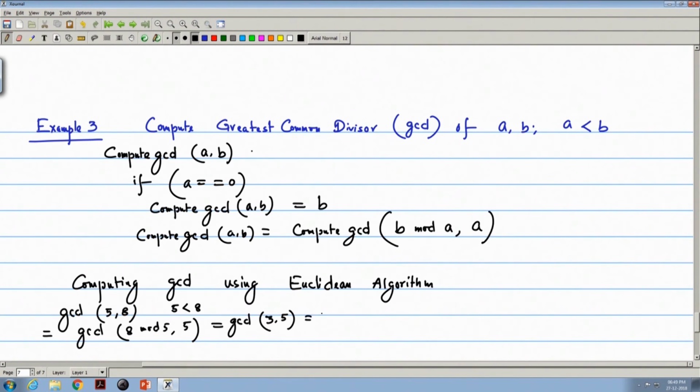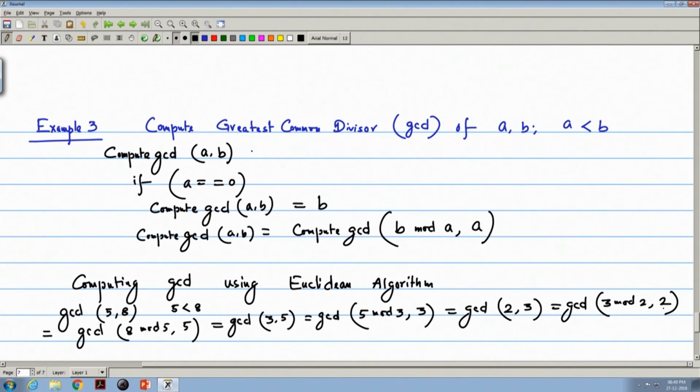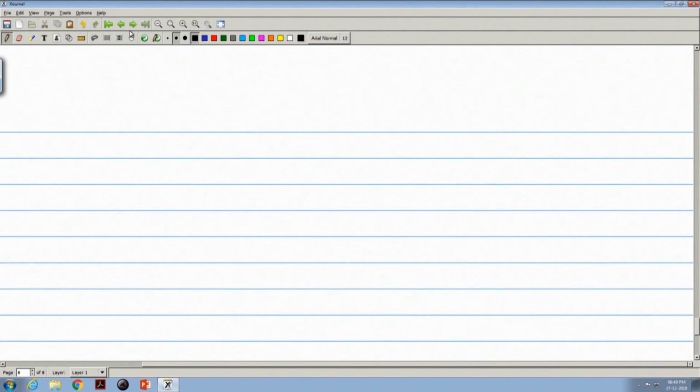Then according to the algorithm this becomes GCD(5 modulo 3, 3), which is GCD(2, 3), then GCD(3 modulo 2, 2), which is GCD(1, 2), then GCD(2 modulo 1, 1).